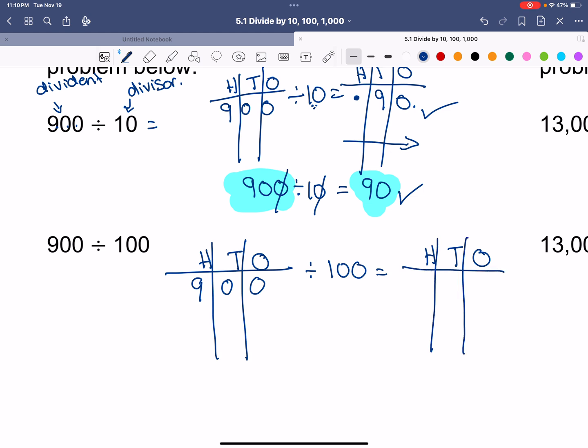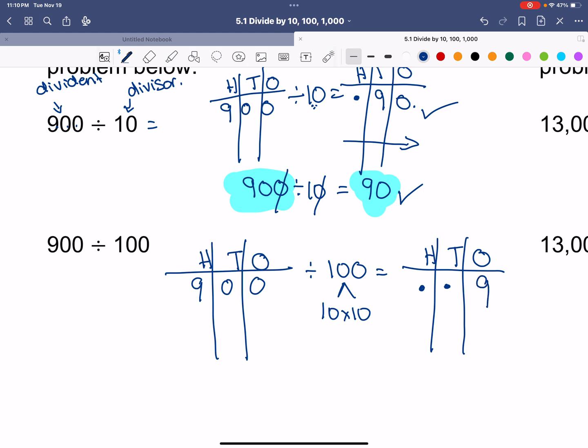Now, how many sets of tens do I have here? See, I'll tell you a trick. I have 2 zeros, so I'm going to have 2 sets of tens. That means I will move the 900 2 place values, right? So now my 9 will go here.